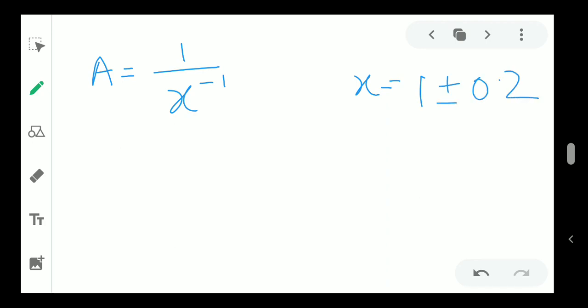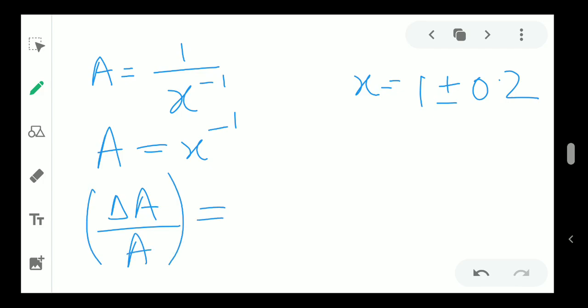now more things, like if a minus index is there, let's say A equal to 1 by x, that is x to the power minus 1, and x values are given 1 plus minus 0.2. So in that case, okay, there is nothing called minus, so ultimately you can write this x to the power minus 1, but the relative error will be your delta x by x.